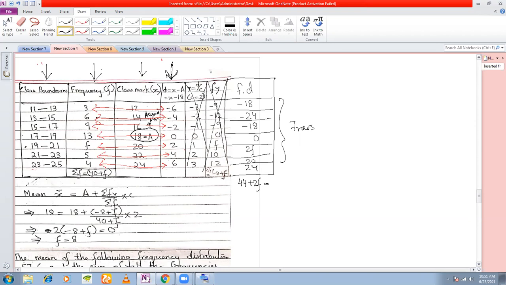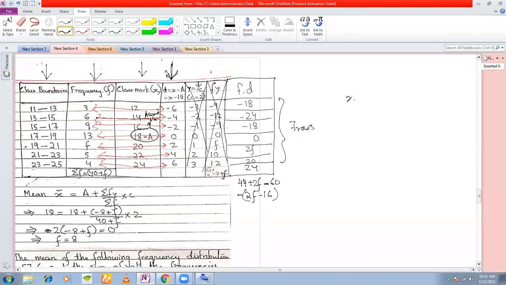So this is 60. So what is the sum of these two? 2F minus 16, right? 44 minus 60 is minus 16. So you've got this. Now we use the formula.